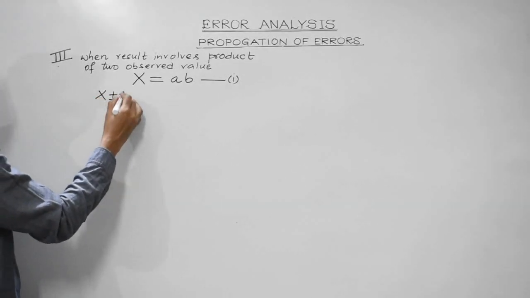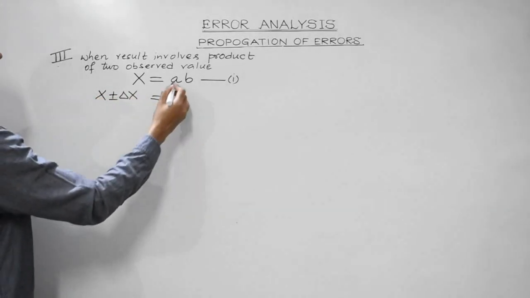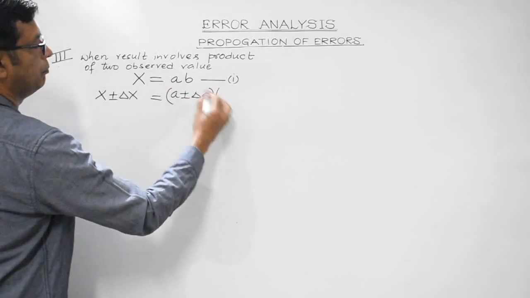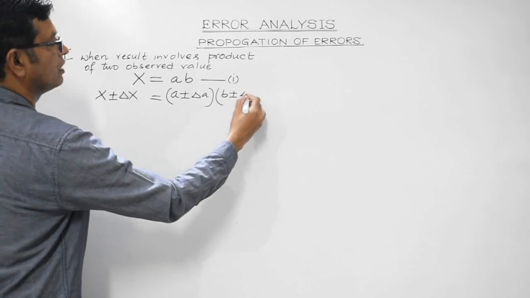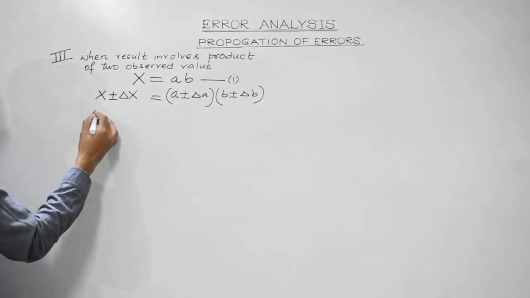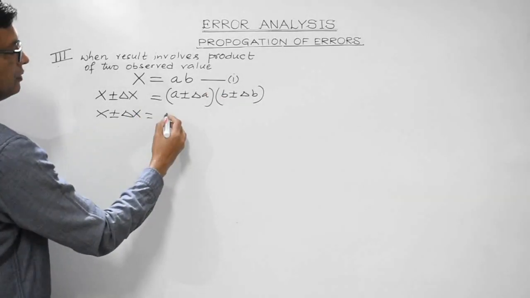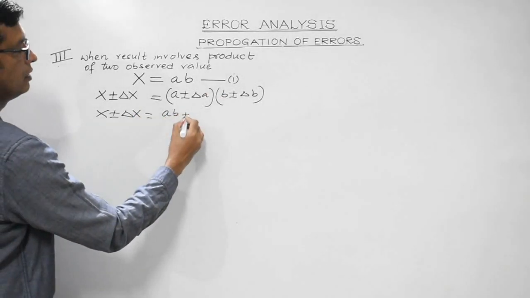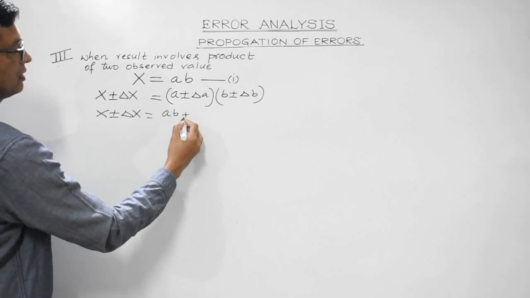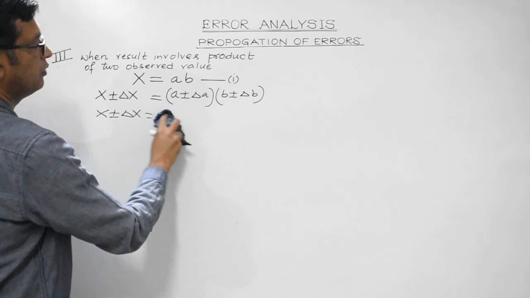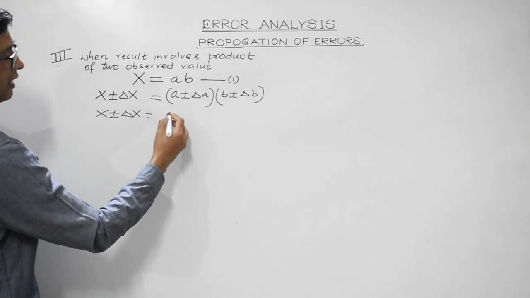in terms of absolute error may be written in this manner, a in terms of absolute error may be written in this particular manner, b in terms of absolute error may be written in this particular manner, right? Now, keep on solving it. What we can do is take a as common.